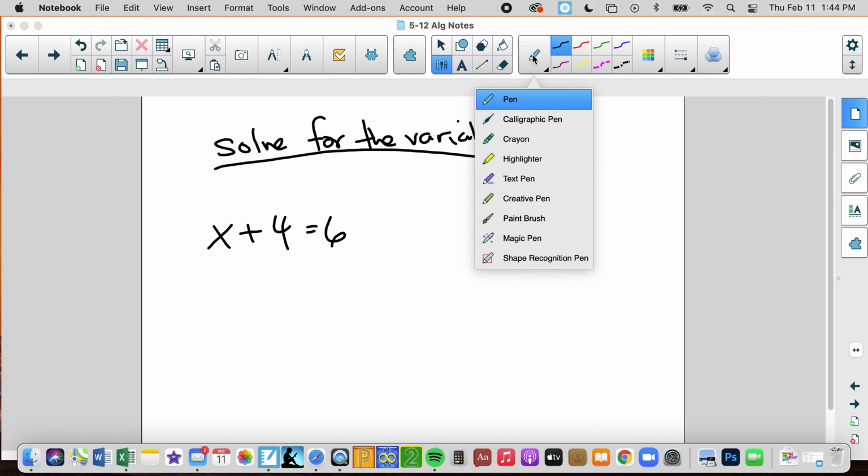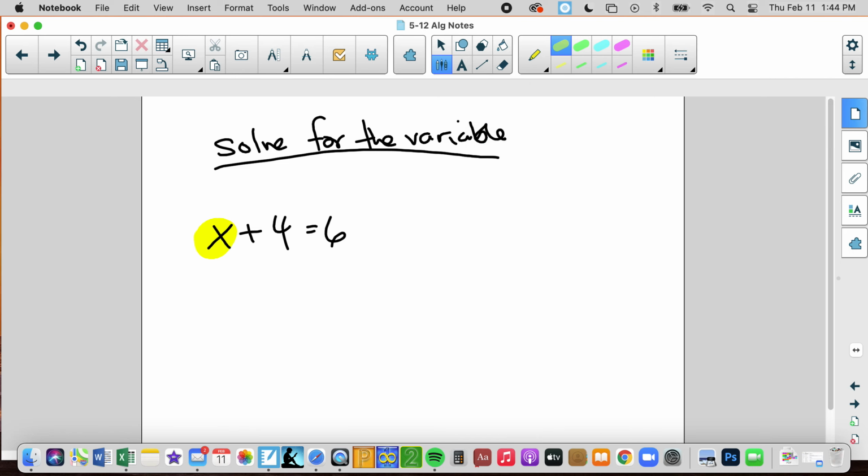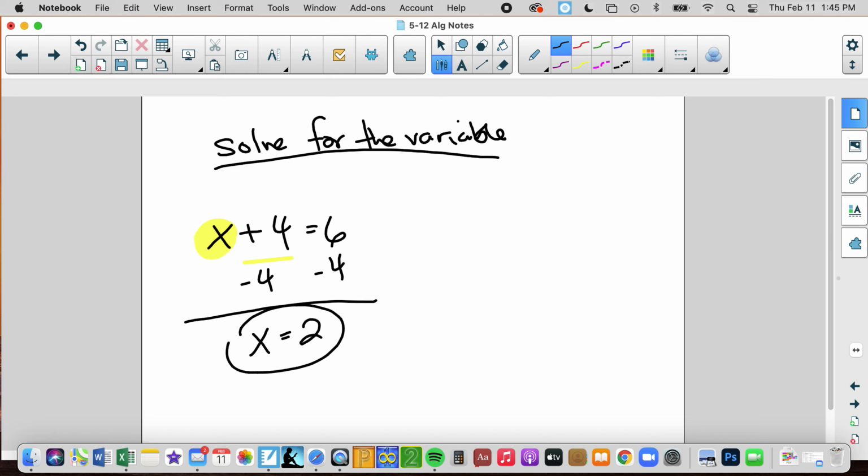What is happening to the variable? We're trying to get this variable by itself, so we look to see what's happening to it. 4 is being added to it. So we will do the inverse operation. The inverse of adding 4 would be subtracting 4. And we end up with x equals 2. And this is the solution. We call that the solution.